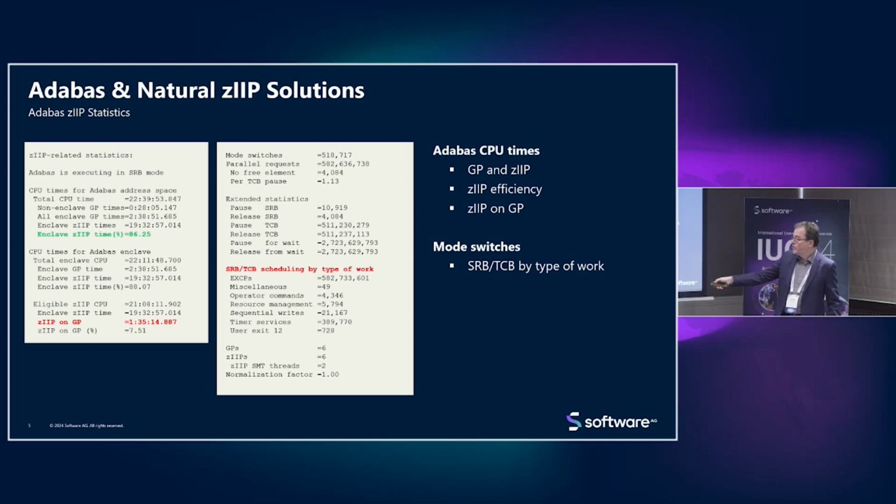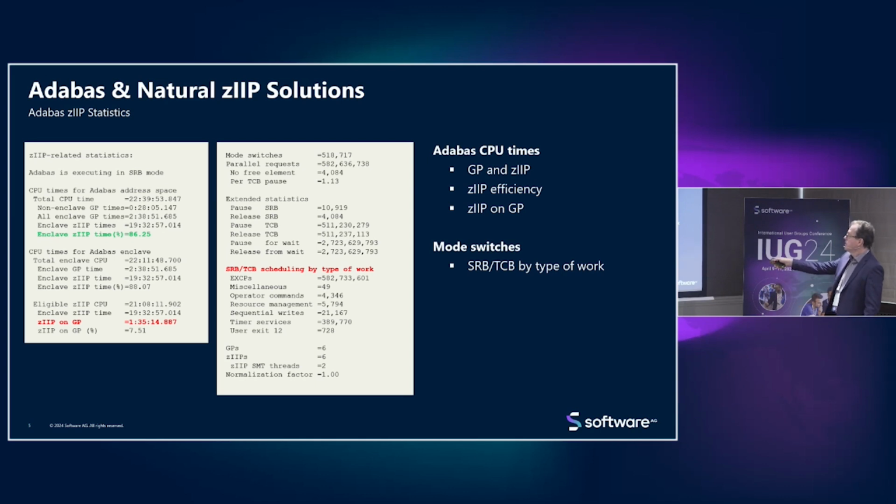So this shows that they would benefit heavily by having one additional zIP processor turned on in the machine, because we see 7.51% of the Adabas CPU that could be processed on zIP, but actually was processed on CP. So that means lack of zIP availability, and one zIP processor would definitely help in this case, okay?